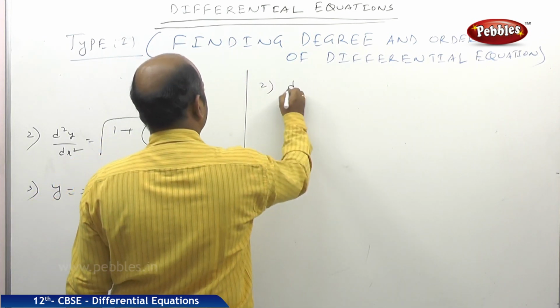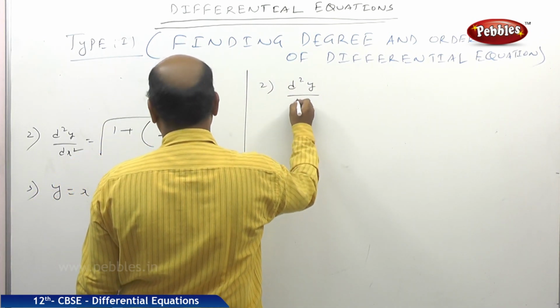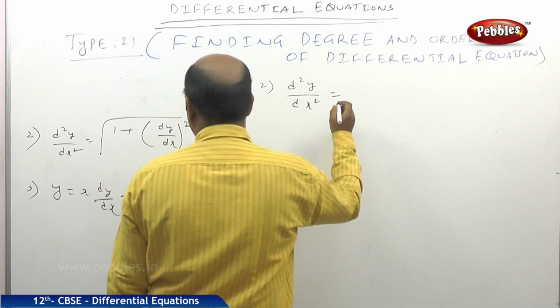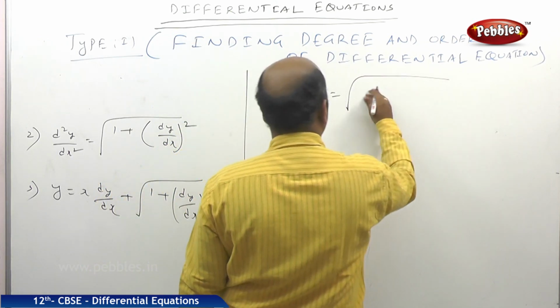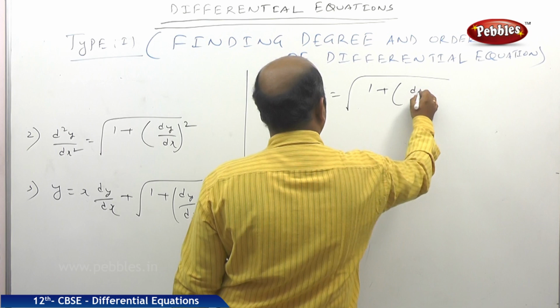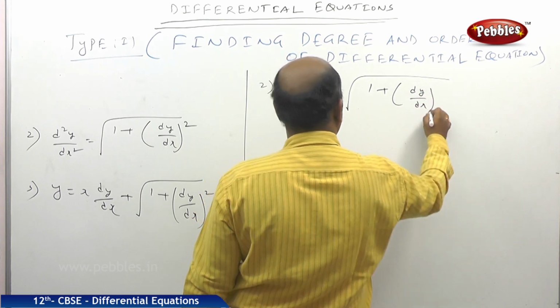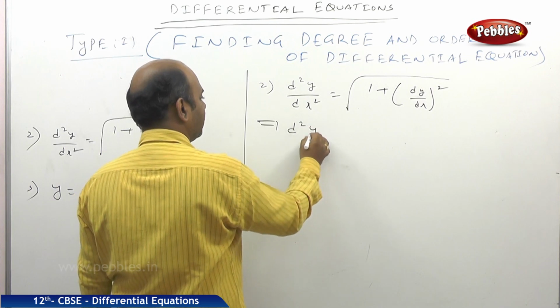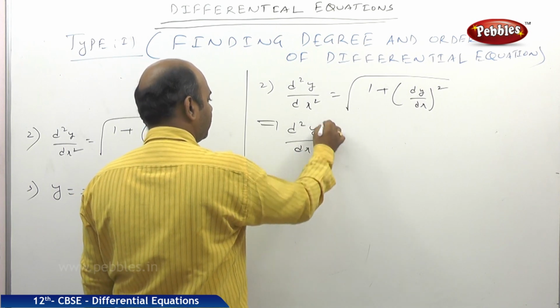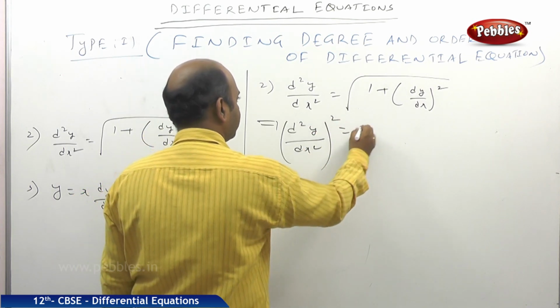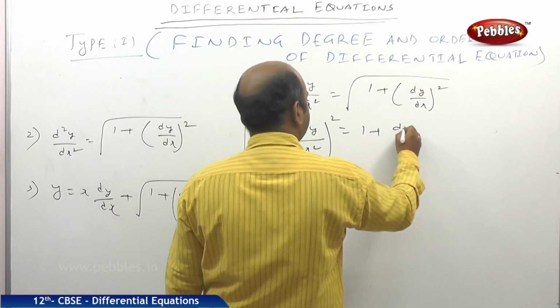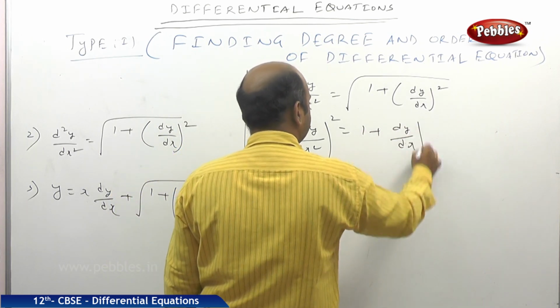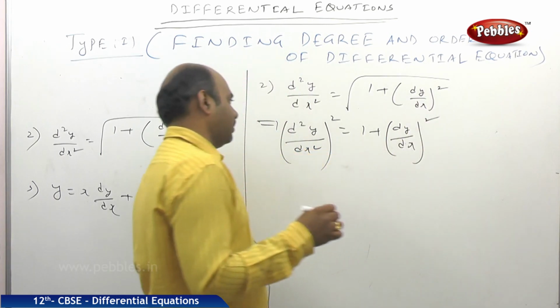So I am solving that problem. The second one: d square y by dx square is equal to under root of 1 plus dy by dx whole square. Squaring on both sides, what happens? d square y by dx square whole square is equal to 1 plus dy by dx whole square.